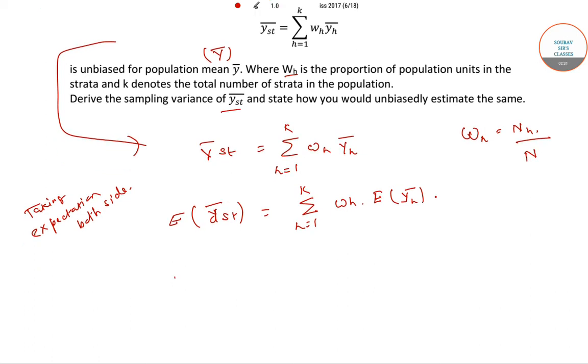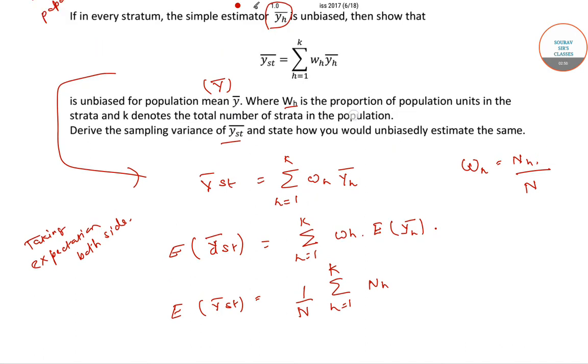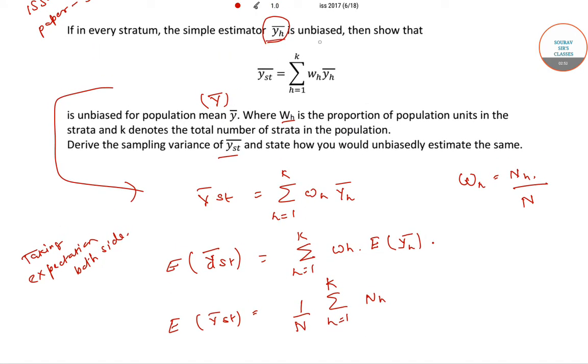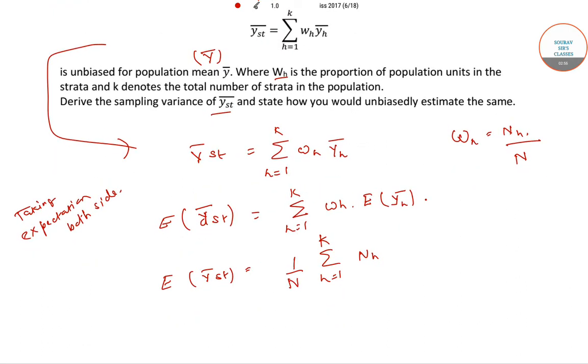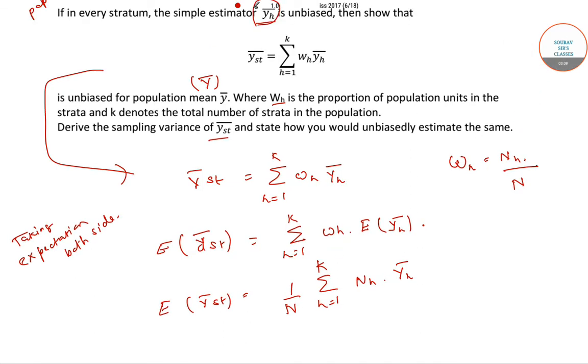So we get expectation of ȳst equal to 1 by N into the summation h goes from 1 to k of Nh into, as we can see here, this ȳh is the unbiased estimate, so expectation of ȳh is capital Ȳh, which is the population mean for the hth strata.